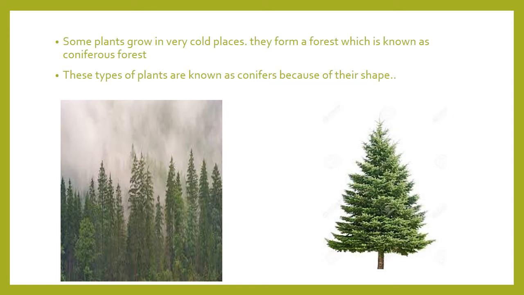First we will understand why the shape of trees in the cold region is like a cone. In the cold region there will be heavy snowfall. Whenever snow falls on the tree, because of the cone shape, the snow easily slides off from the plant, and these plants can save themselves from extreme cold.